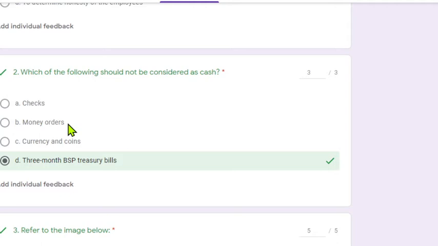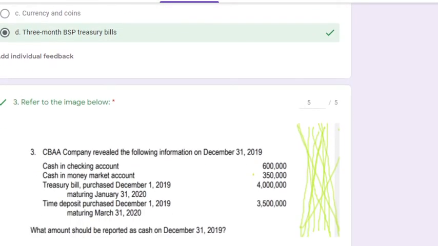So, normally, mga postal money orders, mga ganun yan. So, it is considered as cash. Currency and coins, obviously, considered as cash yan. So, itong 3-month BSP Treasury bills, since this is a negotiable instrument, it is considered as a cash equivalent and not cash. For 3 points.